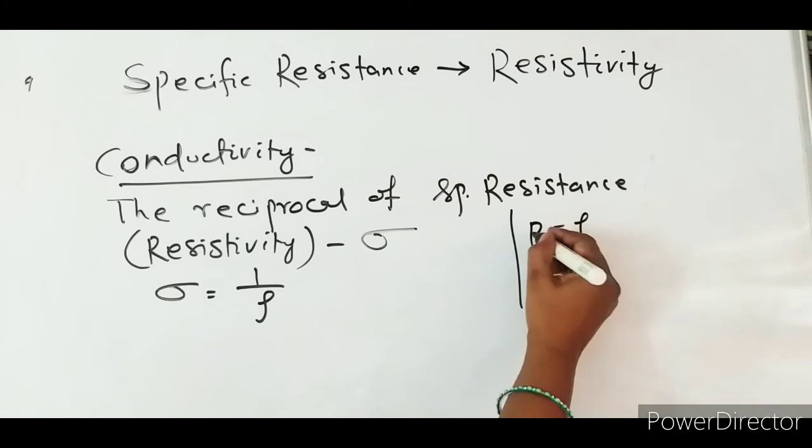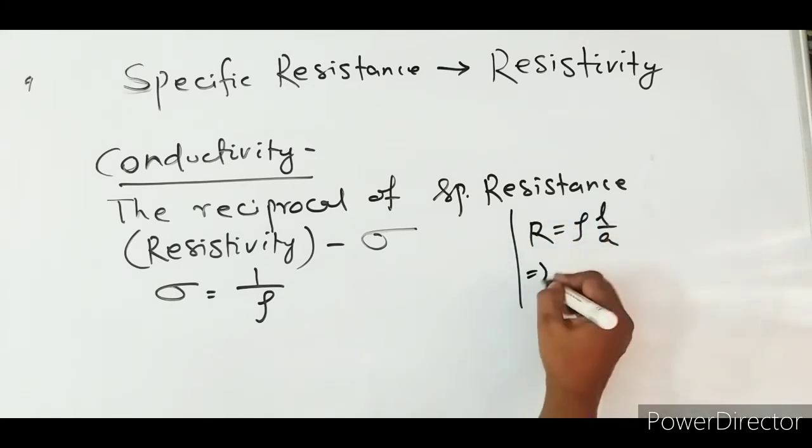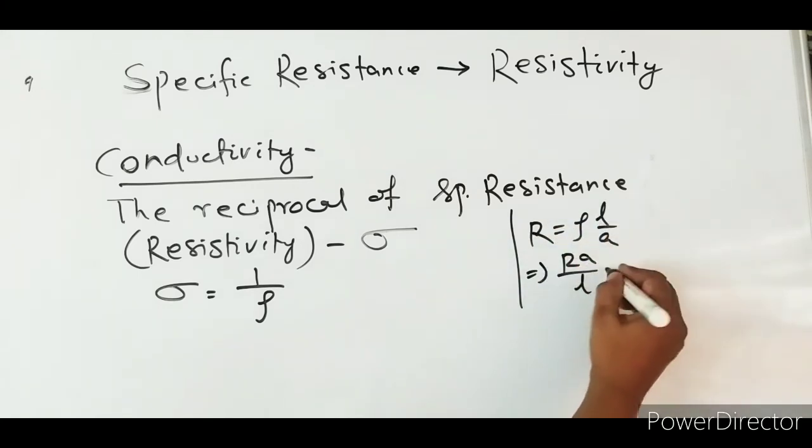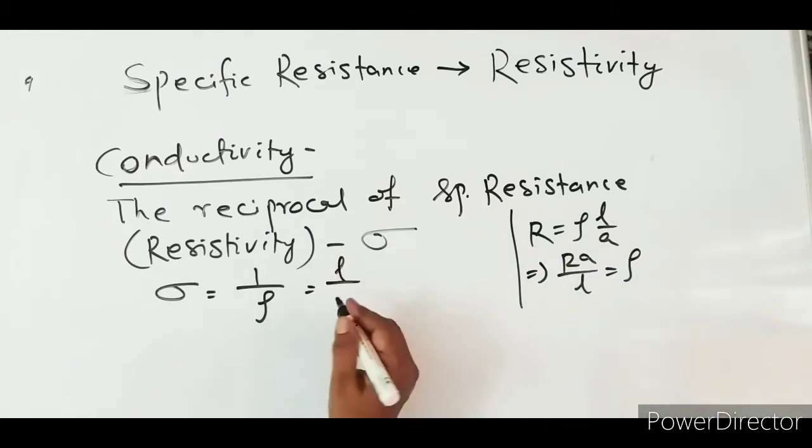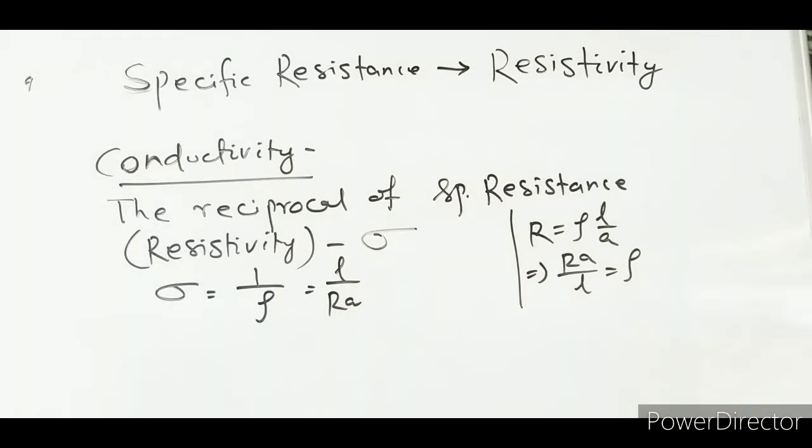From R equal to rho L by A, R A by L equals rho, so 1 by rho equals L by R A. What will be its unit? The unit can be ohm inverse meter inverse.